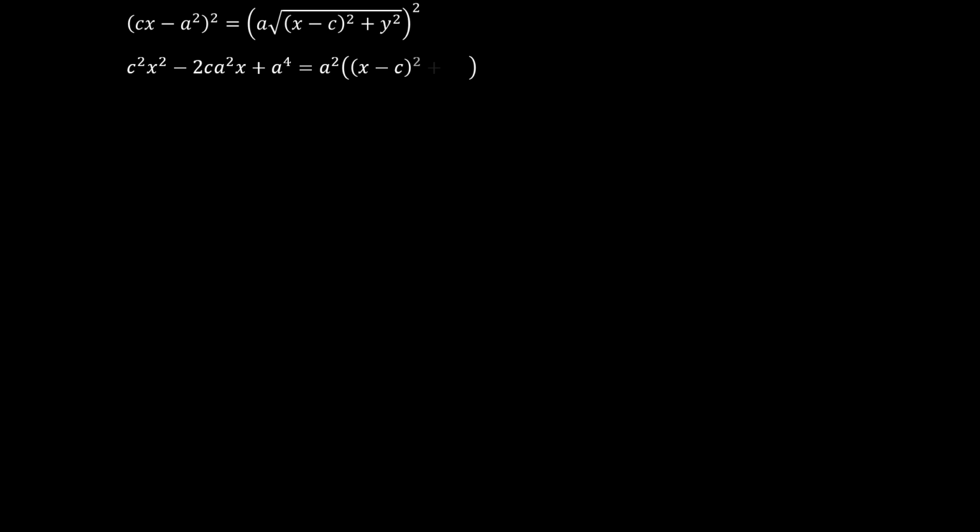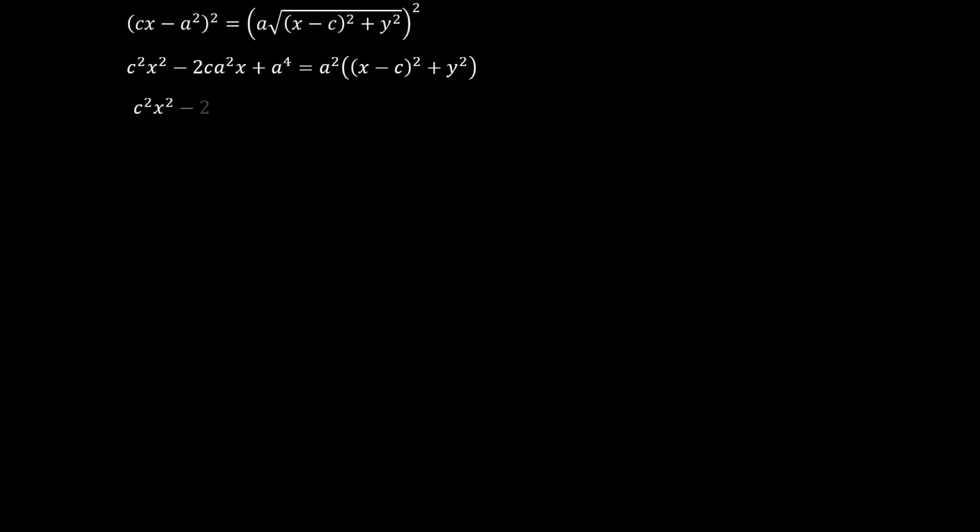And so we have (cx minus a squared) squared equals (a times the square root of (x minus c) squared plus y squared) squared. And so this is c squared x squared minus 2c a squared x plus a to the power 4 equals a squared times ((x minus c) squared plus y squared).